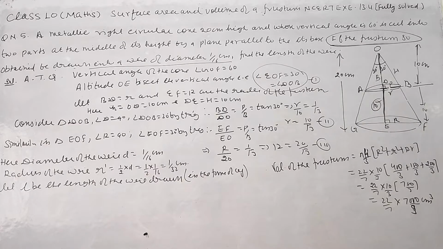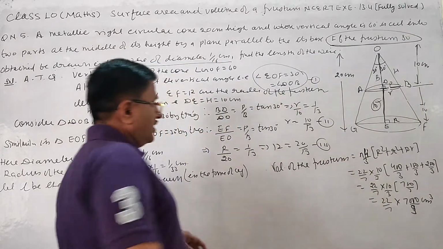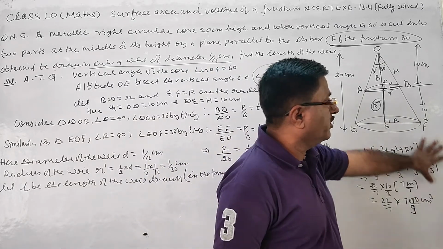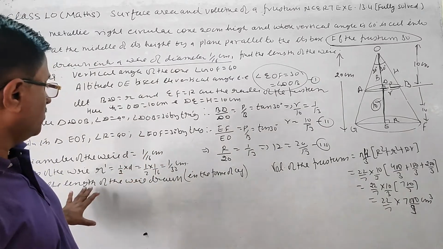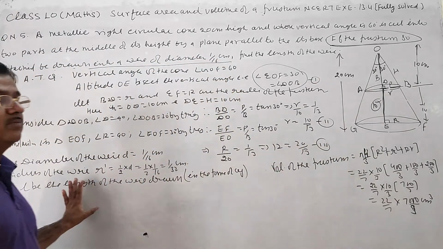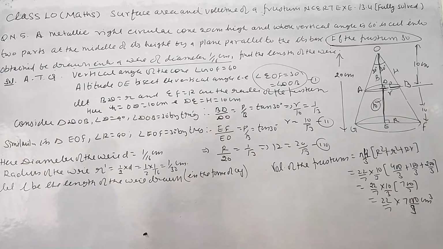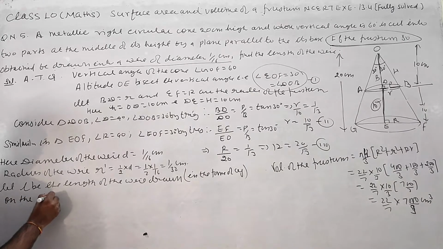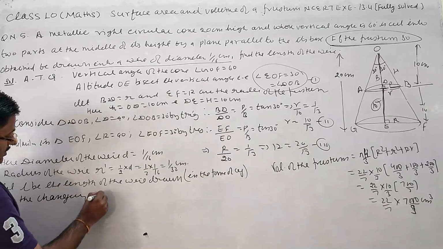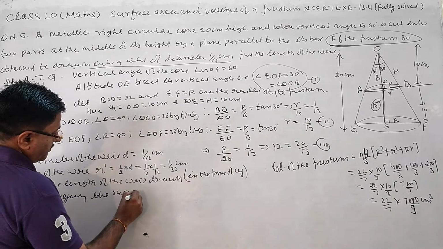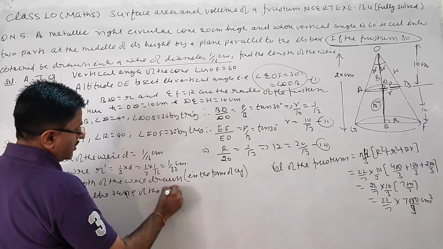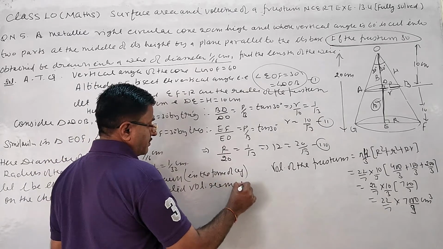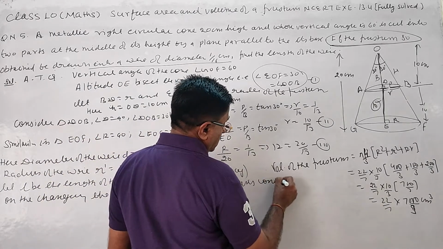So see dear students, here we are getting the volume of a frustum. Now this volume of the frustum can be drawn into a wire, correct? So the volume of the frustum should be equal to the volume of the cylinder so formed. The key point: on changing the shape of the solid, the volume remains constant.